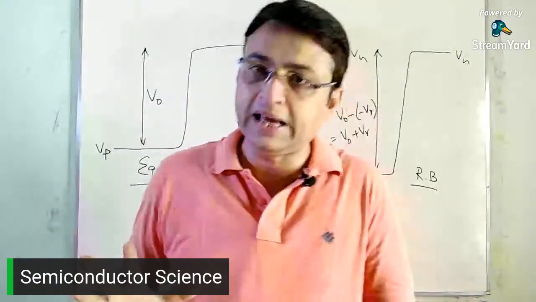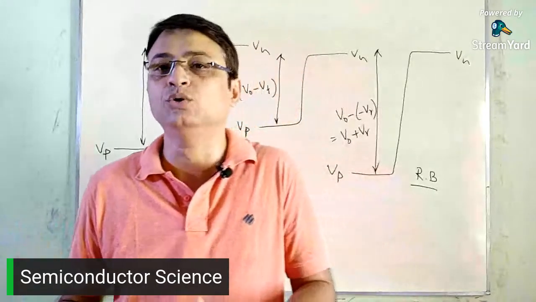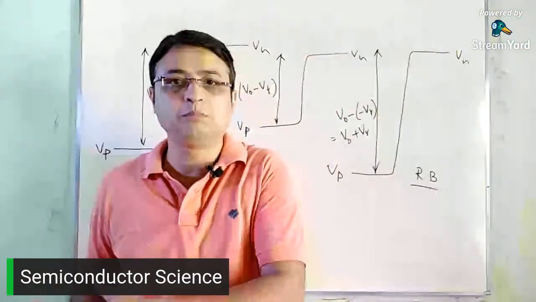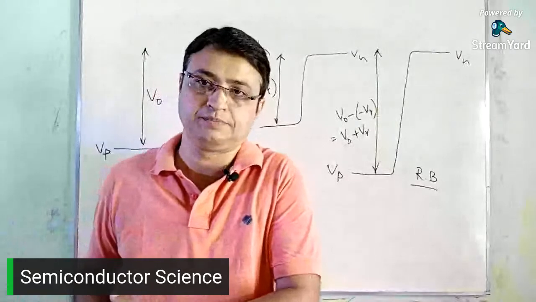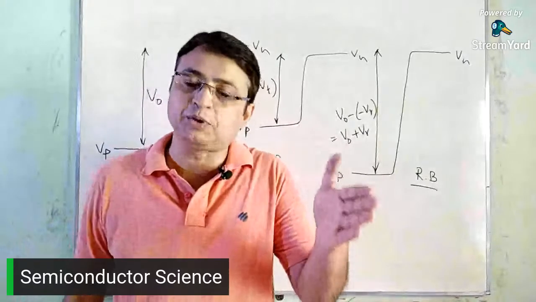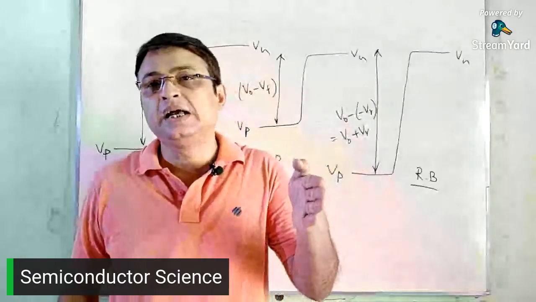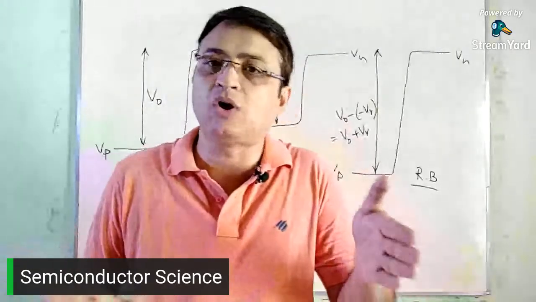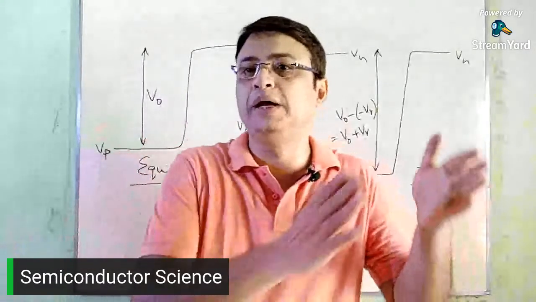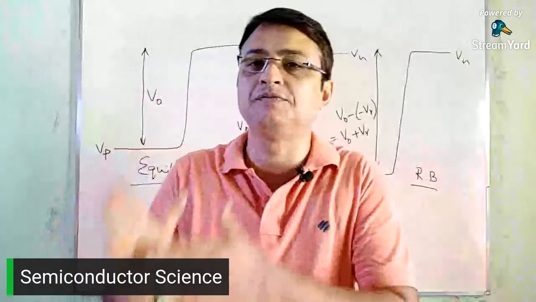VF or VR, whatever the value of applied bias, we are applying from outside the PN junction. So V0 is the contact potential which exists inside the PN junction, and we are applying either VF or minus VR. So the effective potential should be V0 minus VF or V0 minus of minus VR.